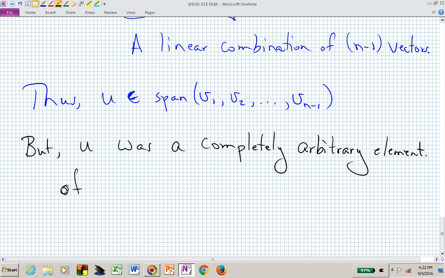And it was originally contained in the span of v1, v2, through v sub n.